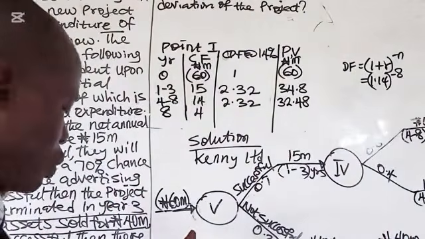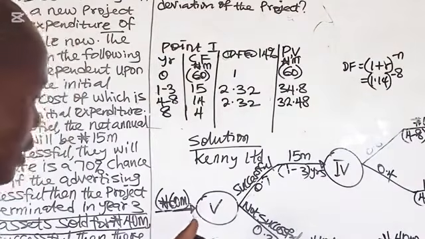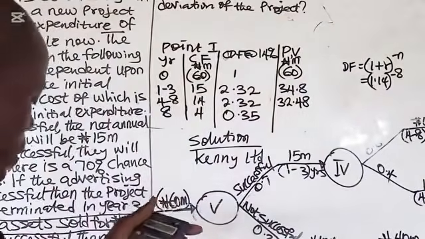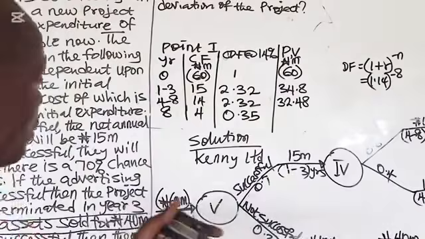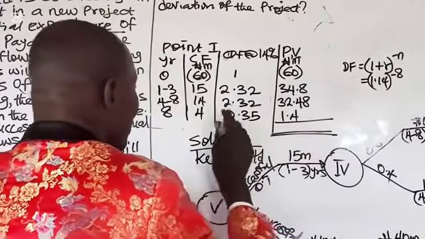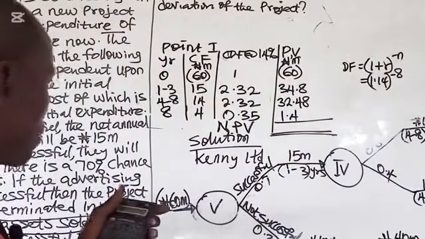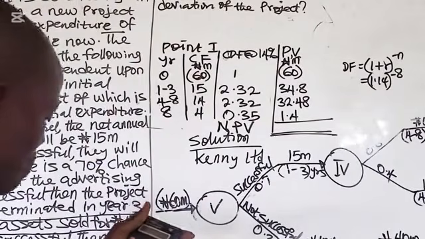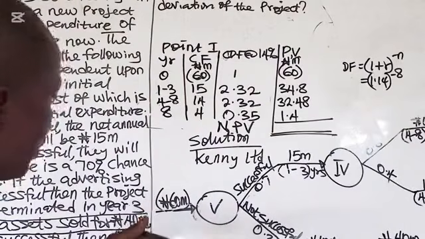That gives us 0.35 to 2 decimal places. 0.35 times 4 gives us 1.4. So what is the net present value? 1.4 plus 32.48 plus 34.8 minus 60. Then we have 8.68.